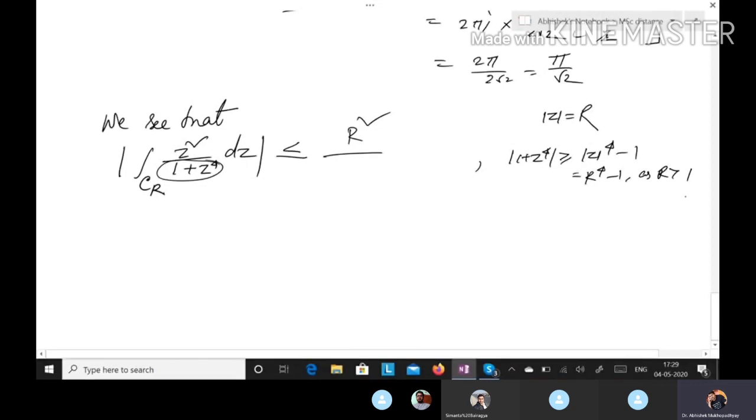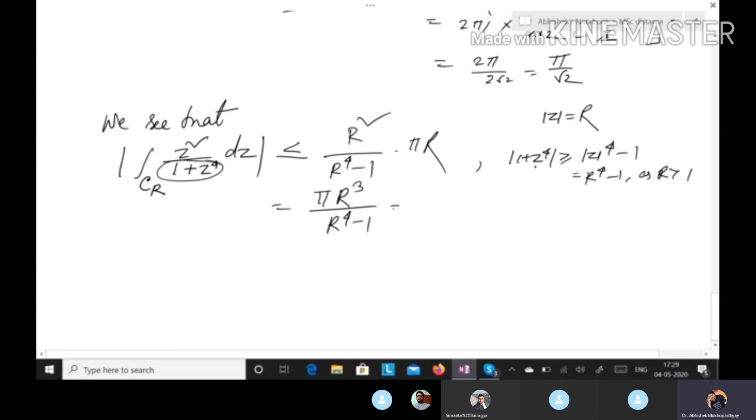So therefore this is less or equal to 1 by r to the power 4 minus 1 into modulus of the integration dz over CR, which is the length of the semicircle, that is pi r. So thus it is pi r cube by r to the power 4 minus 1.